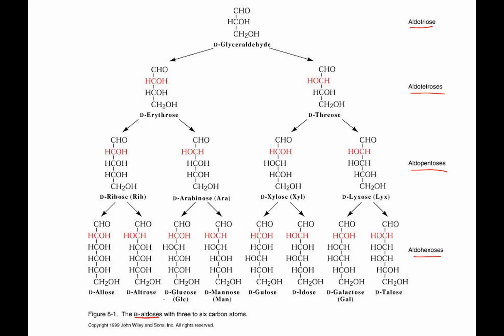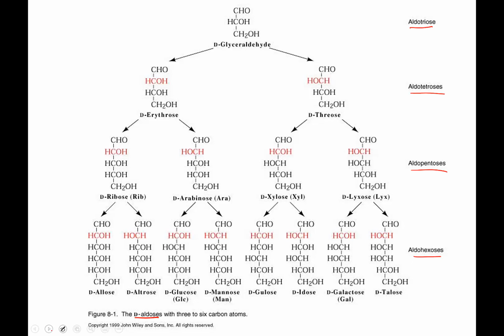xylose, glucose, galactose. Those are all of our sugars that we think about in biochemistry or in biology. So all of these, well, not all of them, but the ones that are large enough, can certainly form 5- and 6-membered rings.